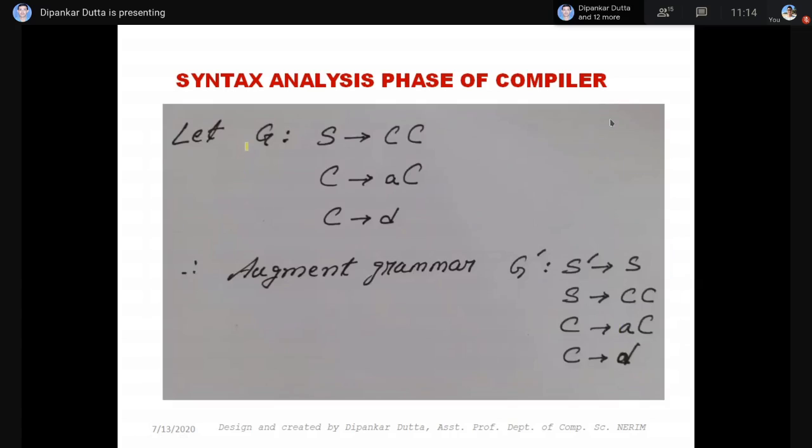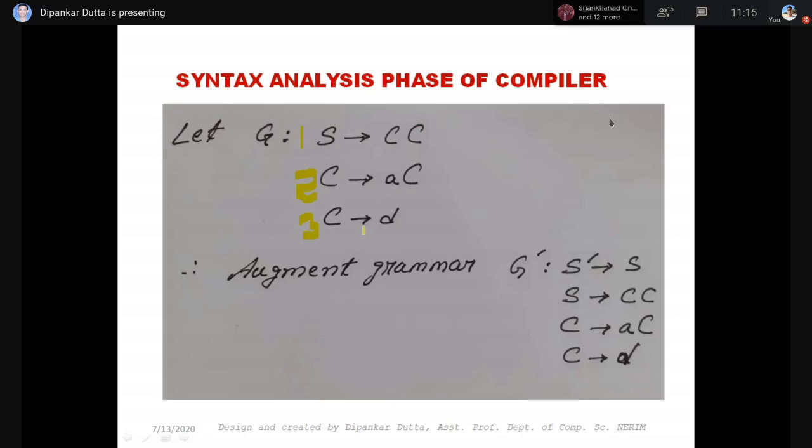Let a grammar be capital S implies capital C capital C, capital C implies small c capital C, and capital C implies small d. These are the productions. The first step is to augment the grammar. You can write production numbers in your copy: 1, 2, and 3.